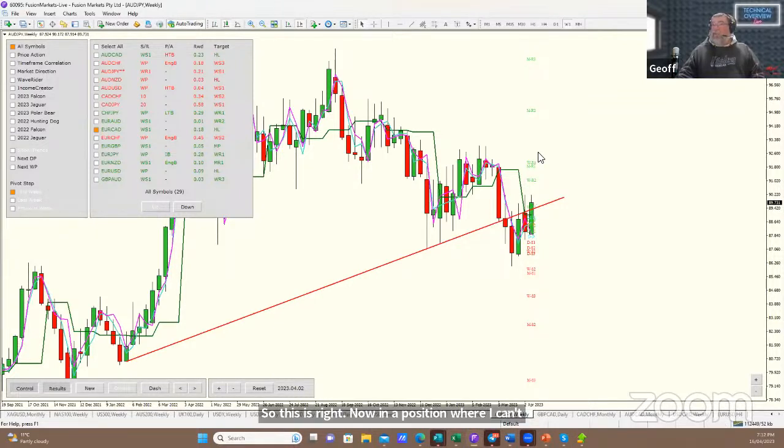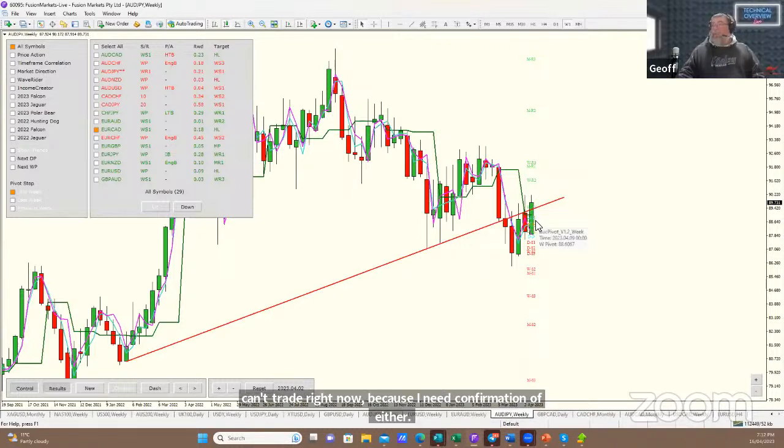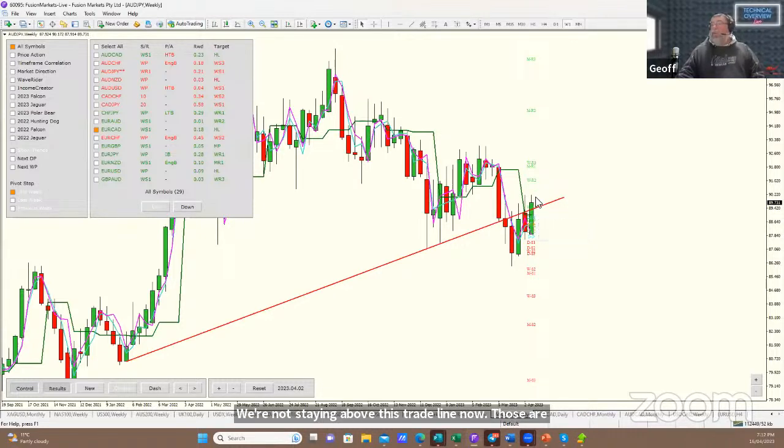I'm being told to trade it short by the game changer plus bar, game changer short, inside bar, telling me to go short. That's a situation that I just can't trade right now because I need confirmation of either we're not staying above this trade line, in other words, we're coming back below it, or we're going to retest that level and then go long.